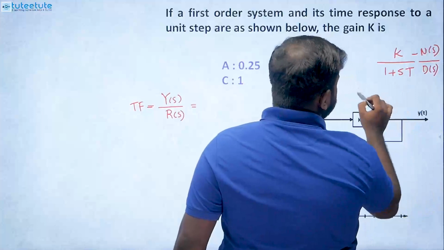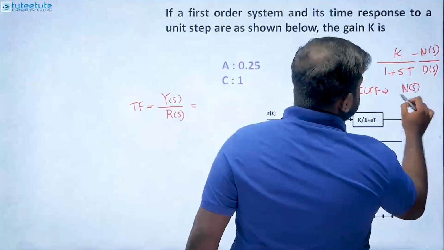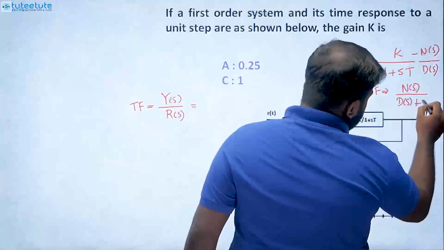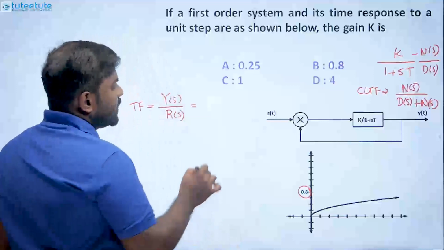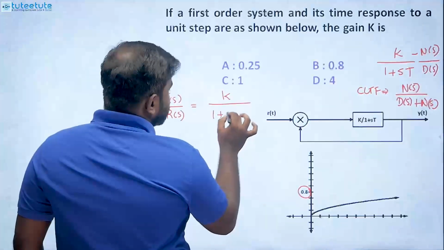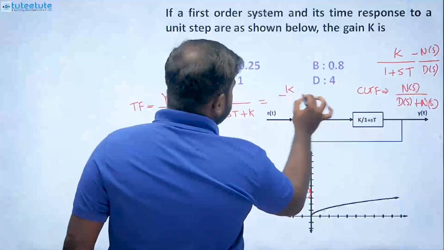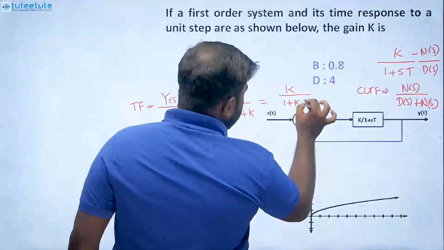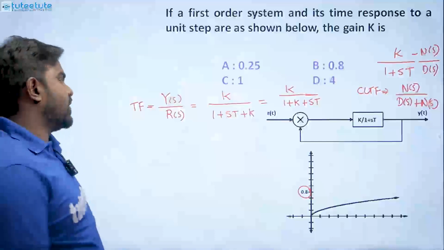So the CLTF from the shortcut: the numerator remains the same, the denominator remains the same, and you have to add the numerator into the denominator term. So from that you can get k divided by 1 plus s tau k. If you rearrange this, you will get k divided by 1 plus k into s tau. This would be your closed loop transfer function. Okay.